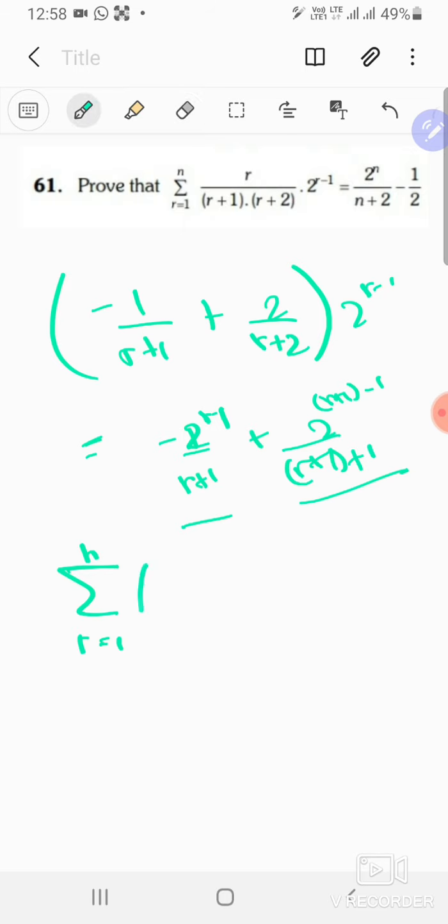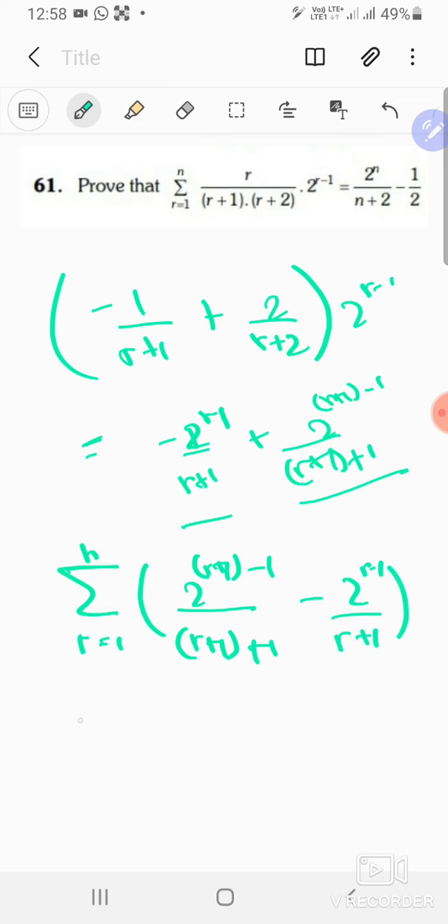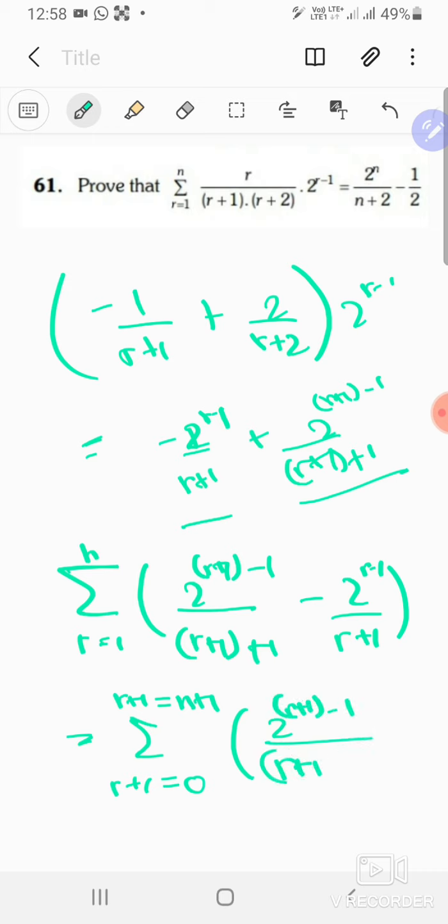It's like summation of (2 to the r plus 1 minus 1) upon (r plus 1 plus 1) minus (2 to the r minus 1) upon (r plus 1), which is the summation from r plus 1 equals to 0 to r plus 1 equals to n plus 1 of (2 to the r plus 1 minus 1) upon (r plus 1 plus 1). Right, that looks correct.